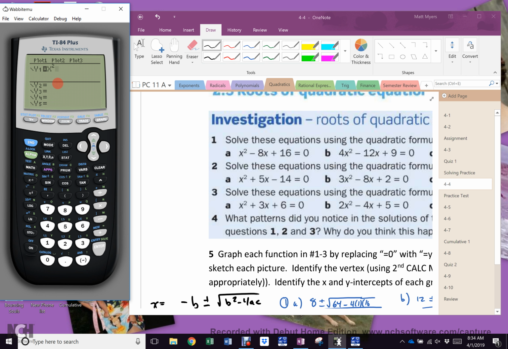Now, this minus, I have to remember to use the subtraction button, not this negative button. Minus 8x plus 16. Everybody cool? And then we're going to hit graph.